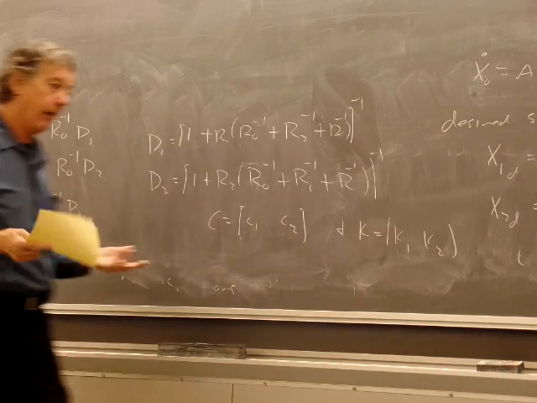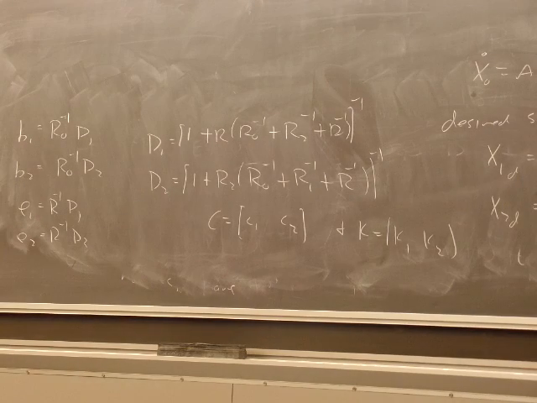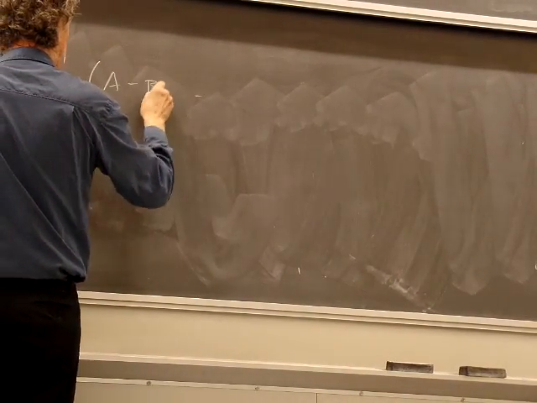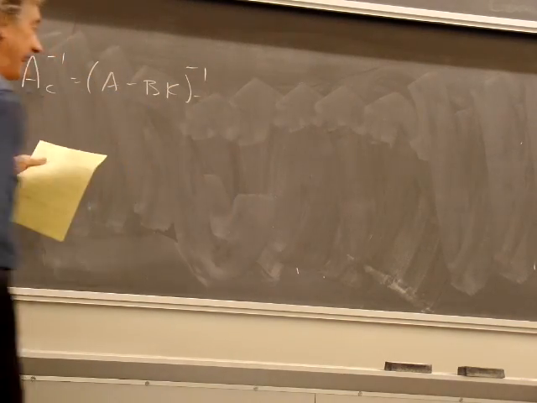Well, our controller state matrix, same as we've done before. And I need the inverse of it.